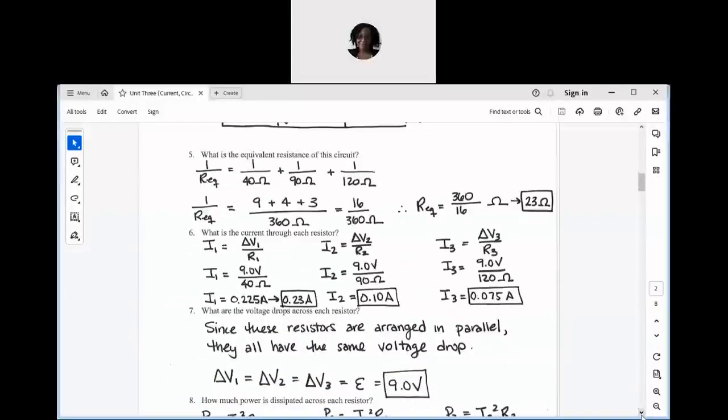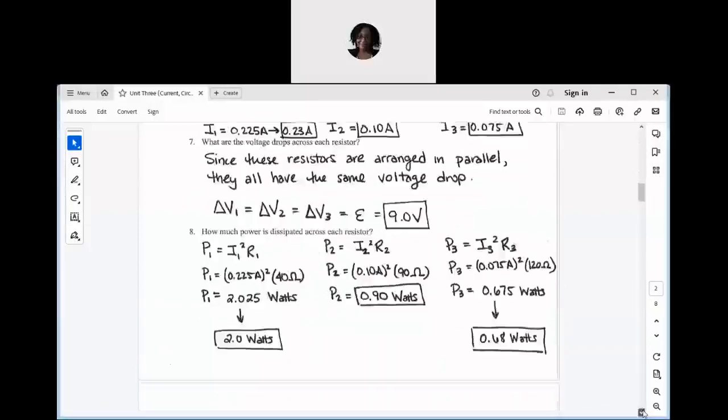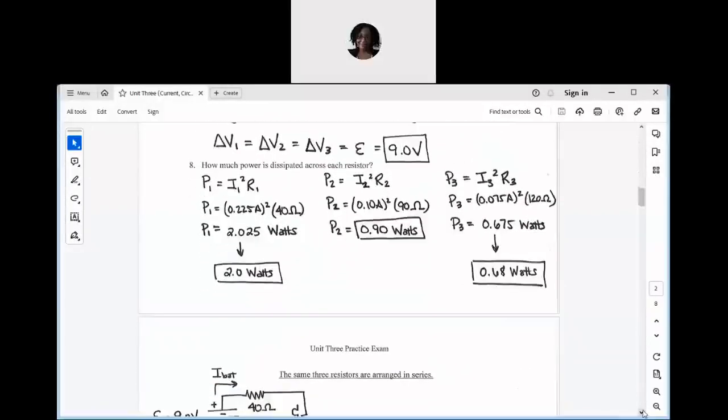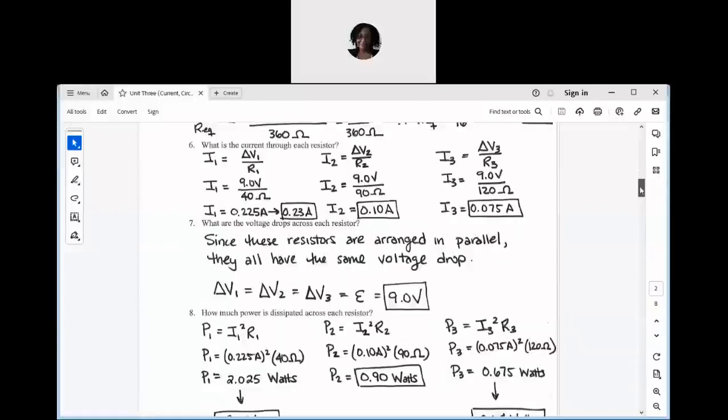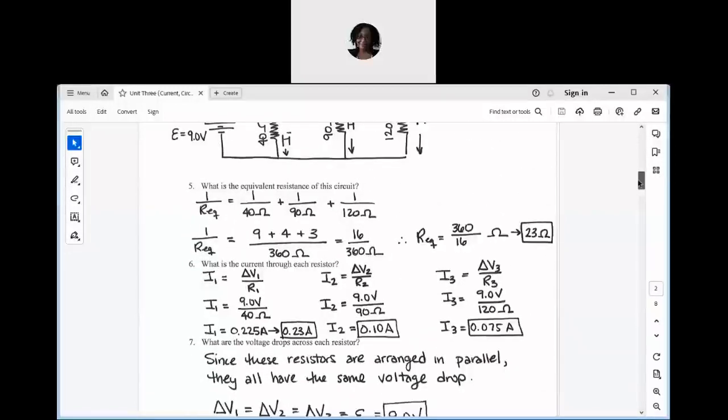The current through each resistor, I1, I2, and I3, they'll have to add up to the battery current. So I don't have an individual question for that here, but we can determine exactly what that would need to be just by adding 0.23, 0.10, and 0.075. You should add them in their unrounded form wherever possible.